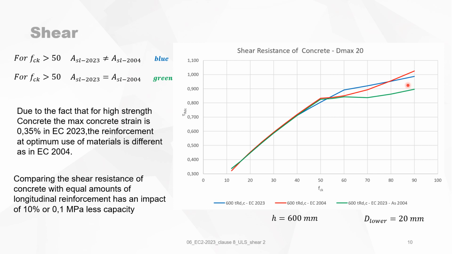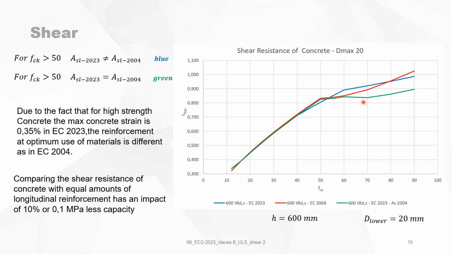And you see now, when we compare everything to the present version 2004, that's the red one, then you will see for normal concrete with a quality smaller than 50 megapascal, there's no difference at all for a beam of 600 millimeter depth. And then what we wanted to demonstrate now is that the difference between the blue and the green line, you will see that we have an impact of 10%.